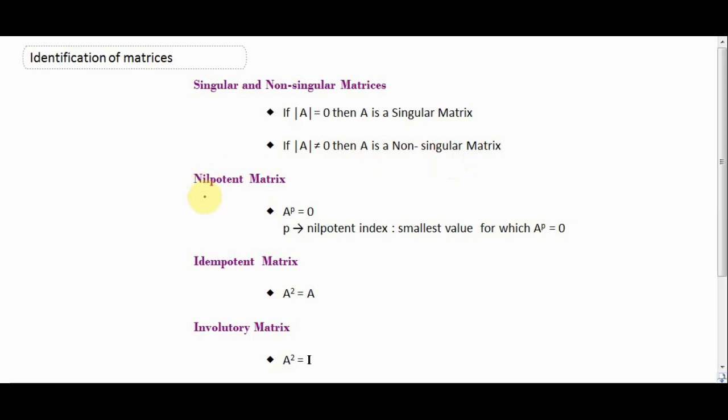Okay, now nilpotent matrix is a matrix which follows this criteria, that is A raised to P equal to 0. So here A is a matrix and P is a constant. It is nothing but nilpotent index. P is taken as the smallest value for which A raised to P becomes equal to 0.